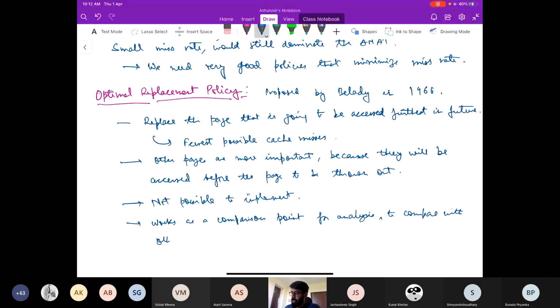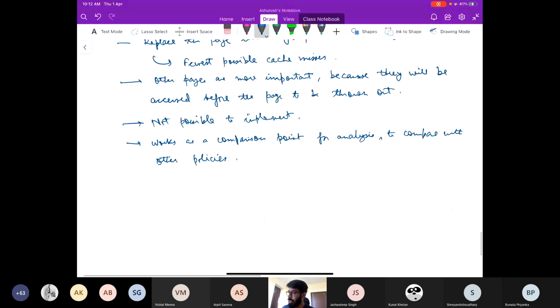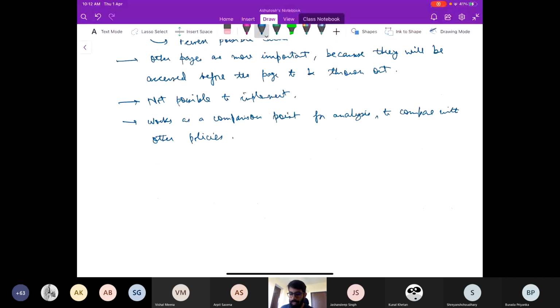There are some examples in the book that I would request you to go through. I'm not going to do the examples because you can just work them out if you know the policies. That will not give any more insights. But I'll discuss the key things that come out of those examples.